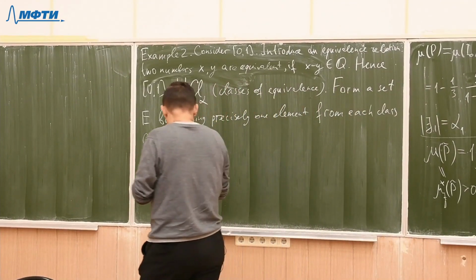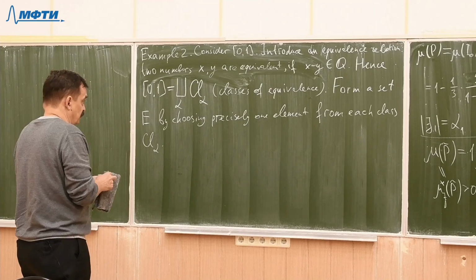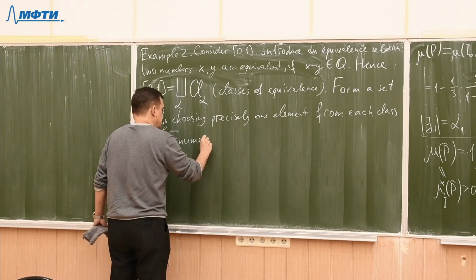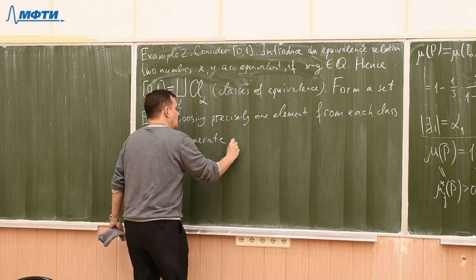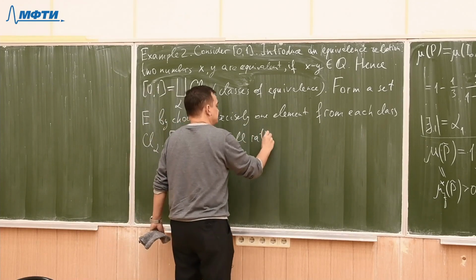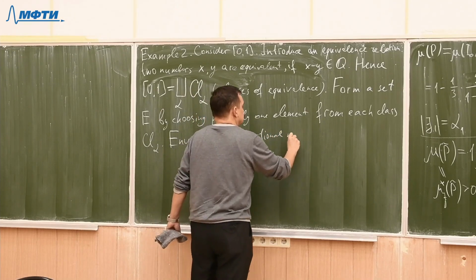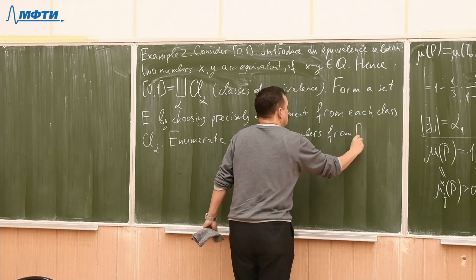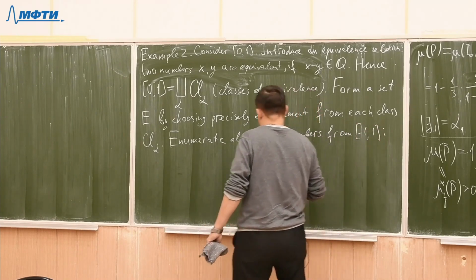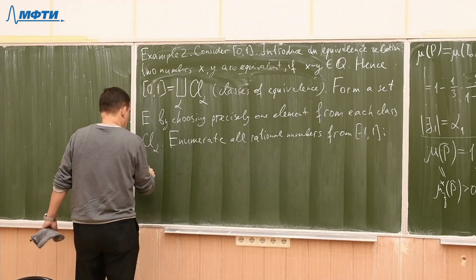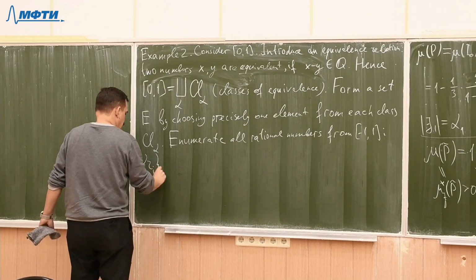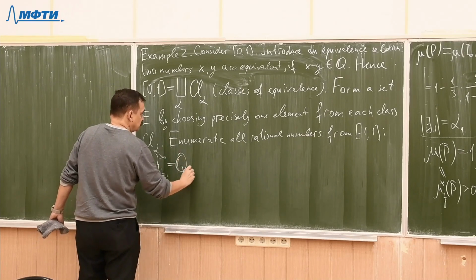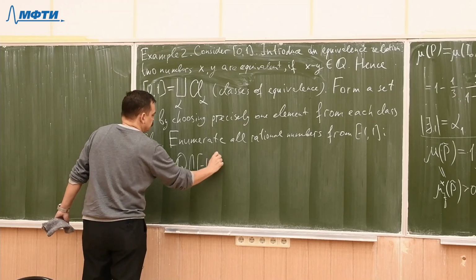But firstly, let us enumerate all rational numbers from minus 1 to 1, r_i, i from 1 to infinity, that is precisely the rational numbers from minus 1 to 1.